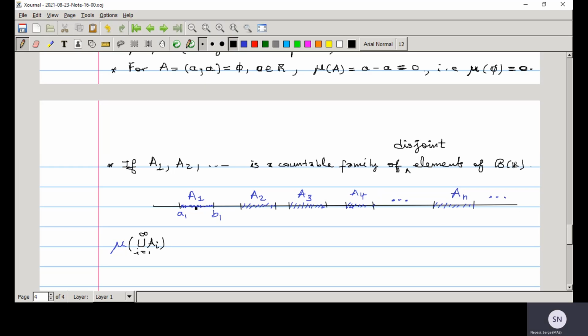Now, if I want to measure this length and that length, you see that I will add them up.